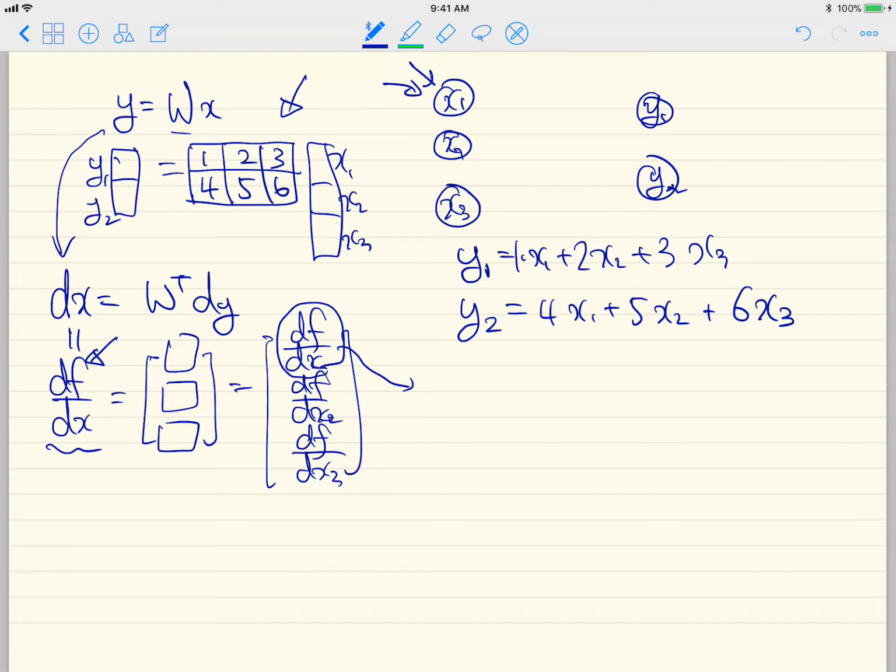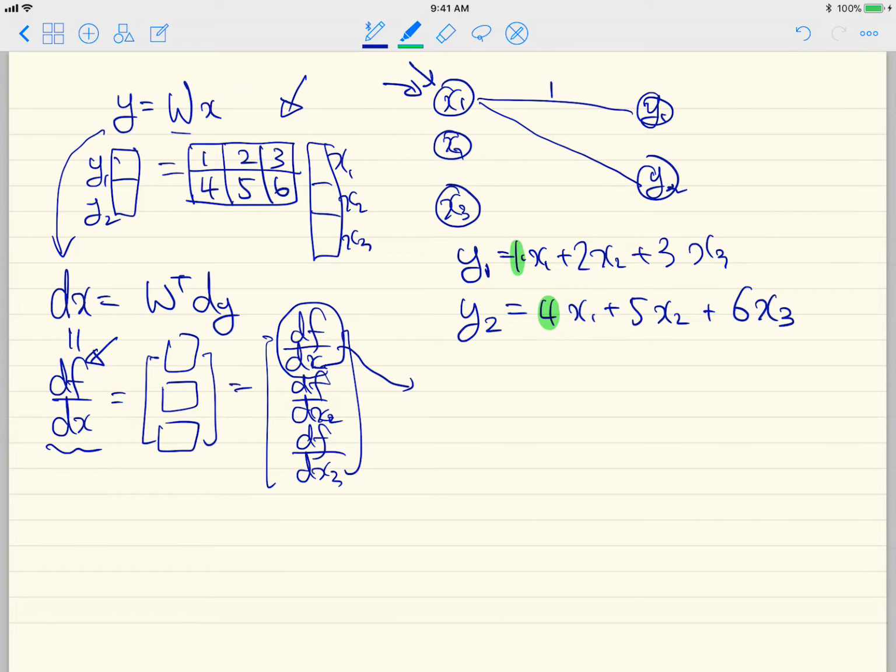It is the same in this case. Focusing on x1, it is connected with y1 and y2, right? What is the weight? It's not the forward propagation value, it's about the weight value. The weight here is 1 and 4.